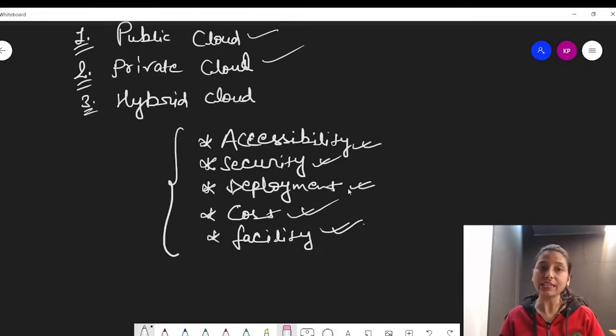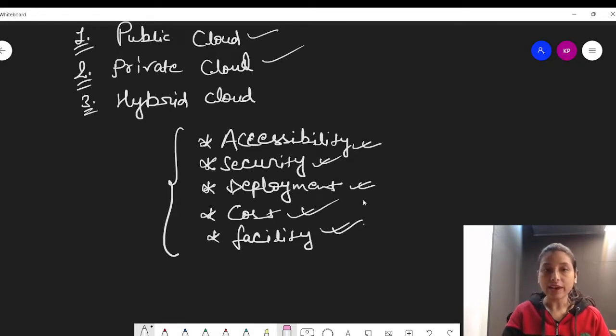So what was the need for bringing this hybrid cloud into existence? Was there any need, right? So this hybrid cloud came into existence. Why? Because there was a need of a cloud which can provide the facility of both public cloud as well as private cloud.